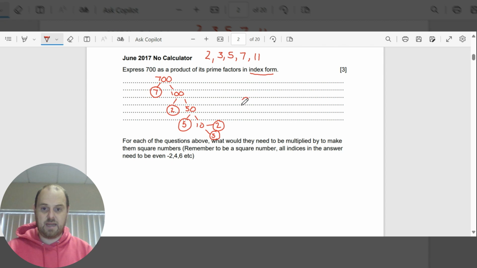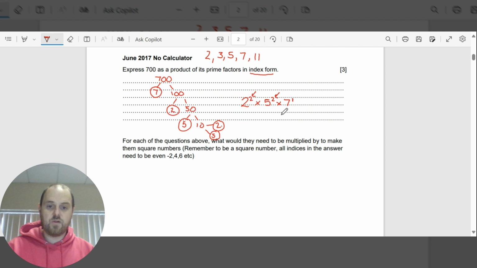Now, in index form, there are 2 2s, this one and this one, times, not add, 2 5s times 7. Okay? Now, this question here is asking, is this a square number? Now, at the moment, the 2 is squared, the 5 is squared, but there was only 1 7 in my answer, right?